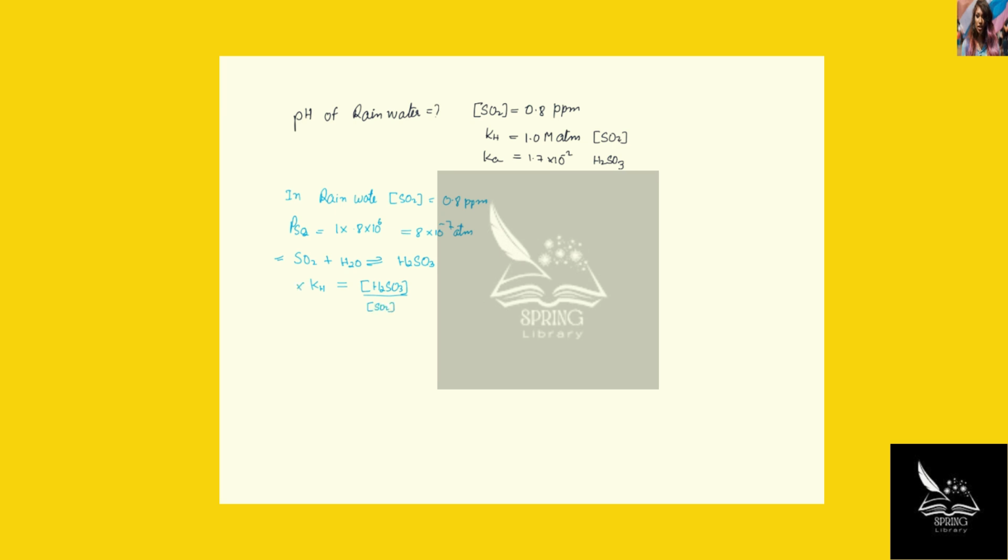Water is present in huge excess, and this is the apparent hydrolysis constant, and its value is given to us as 1. So 1 is equal to the concentration of sulfurous acid, which we want to calculate, divided by the concentration of sulfur dioxide, 8 multiplied by 10 raised to the power minus 7, and this gives us the concentration of sulfurous acid in the rainwater, equal to 8 multiplied by 10 raised to the power minus 7 molar.